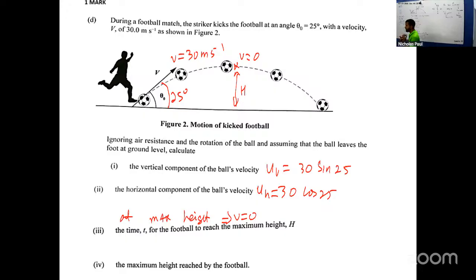You have initial vertical velocity, and you have the final velocity v. Which equation are you going to use to find t? First one, right? v is 0. You know what u is. Acceleration is what? Going upwards, so that's minus 9.81, and then solve for t.